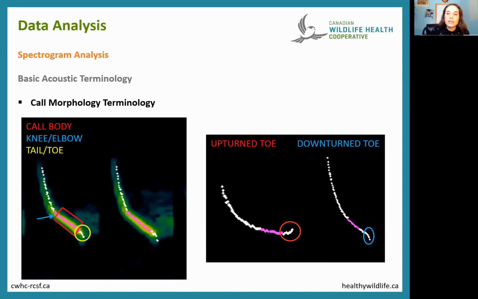Again, I usually refer to it as a toe, but it's the hook on the end of the call that is sometimes present after the call body, and it can either be upturned or downturned. So here it's downturned, it's circled in yellow, and then on the right, an upturned toe is shown in red and a downturned toe is shown in blue. So those are the main parts of the call or pulse that you should be familiar with for species ID purposes.